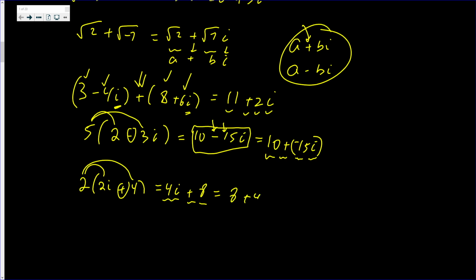Addition commutes. Now it's a plus bi. a is some number, plus is the addition symbol, b is some number, and i is the symbol for the square root of negative 1. This result is in a plus bi form.